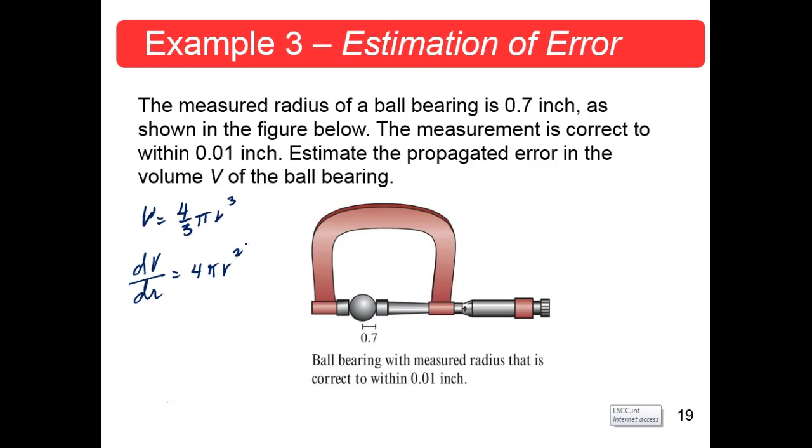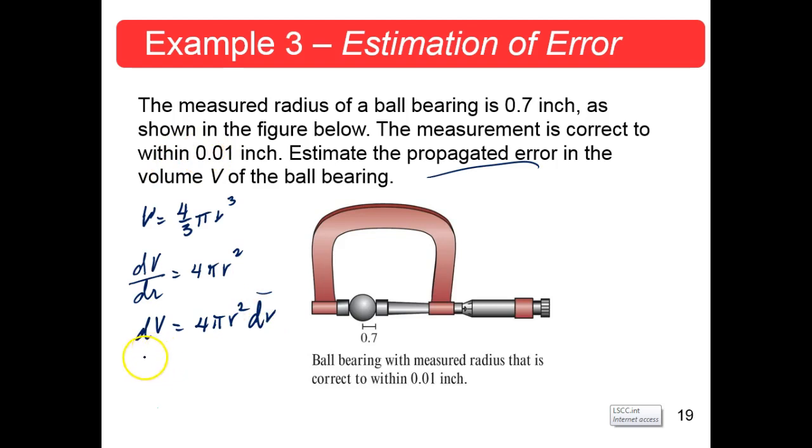Okay? Now, mathematicians don't like it when you say this. Then dV, that is the propagated error, is equal to 4 pi r squared dr, that is your measurement error.